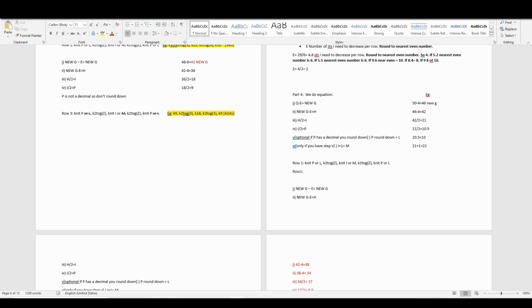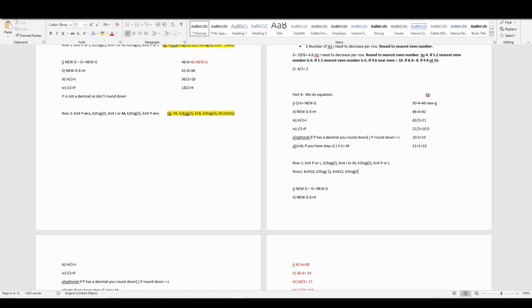So for row 1, we're going to knit P or L. Because we have L, we're going to use that. So knit 10, knit 2 together, Z was 2. Knit I or M, because we have M, we're going to be using that, 22.